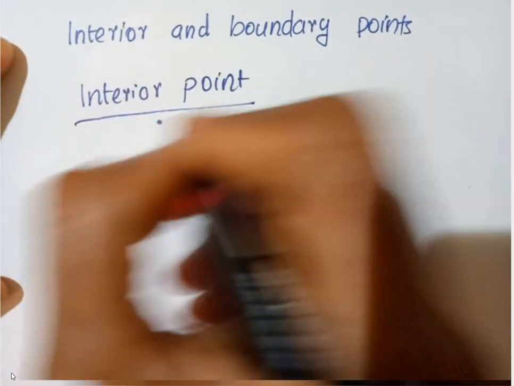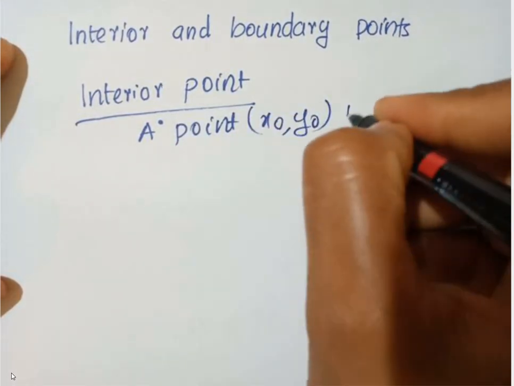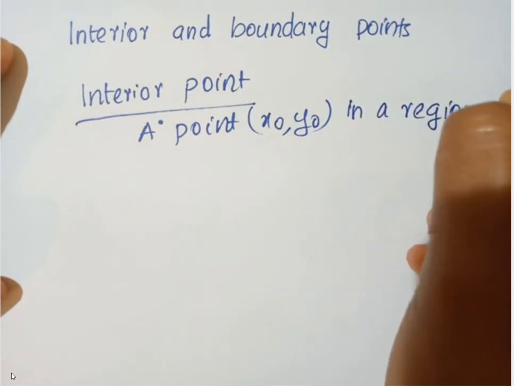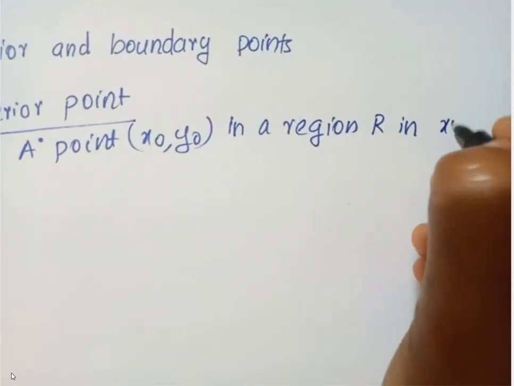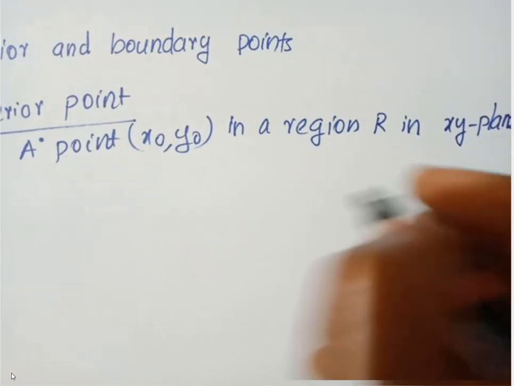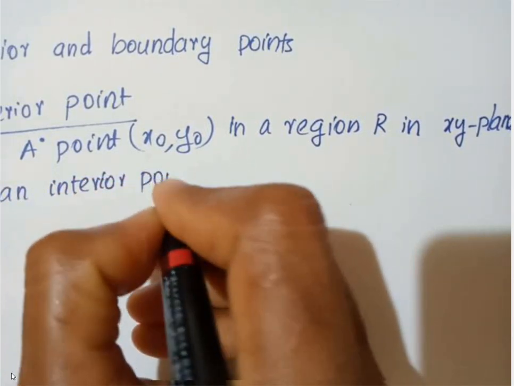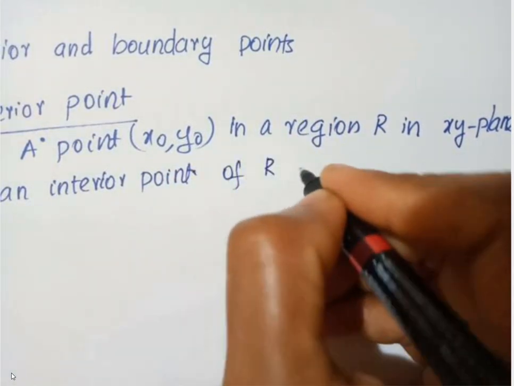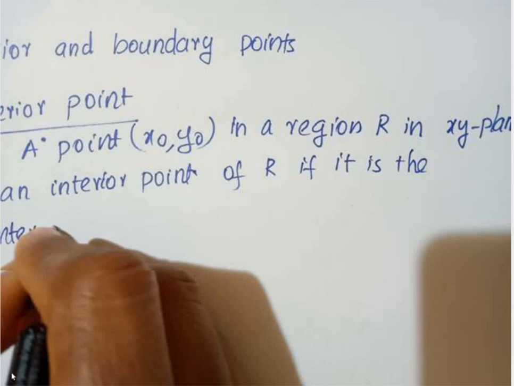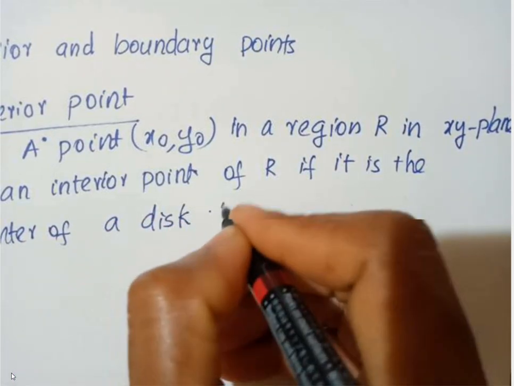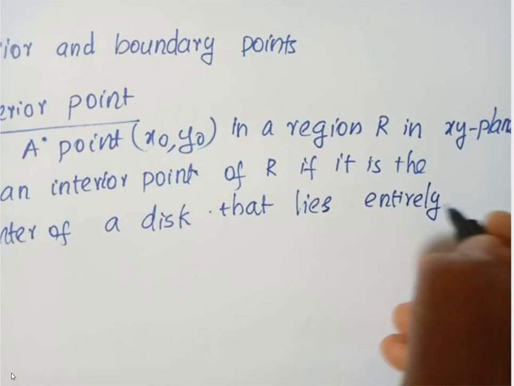A point (x0, y0) in a region R in the xy plane is an interior point of R if it is the center of a disk that lies entirely in R.